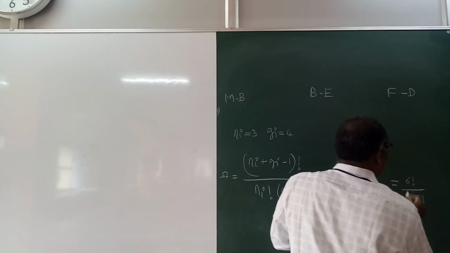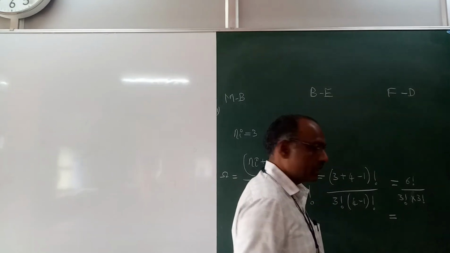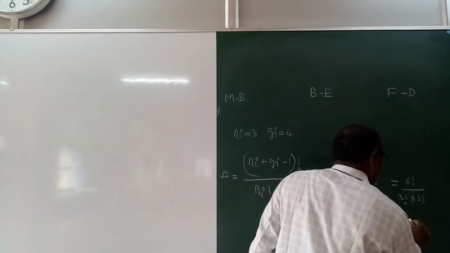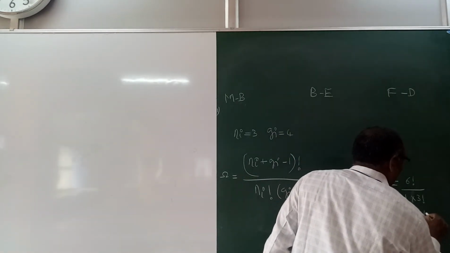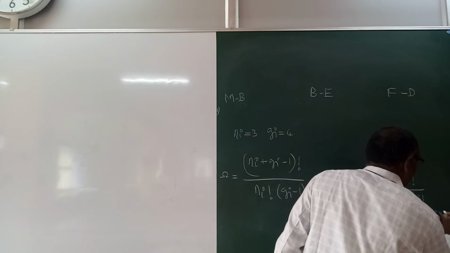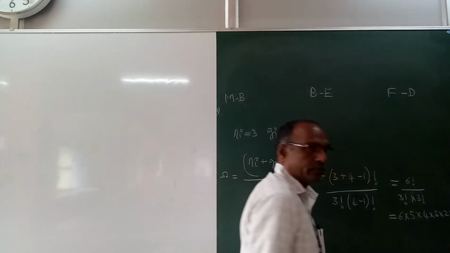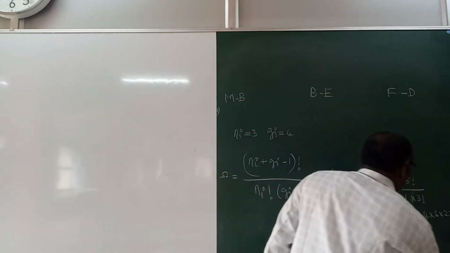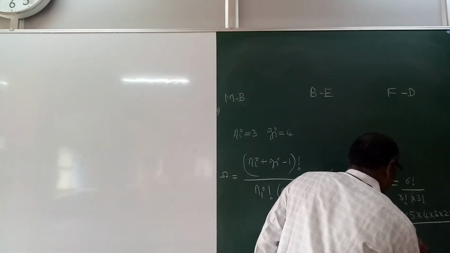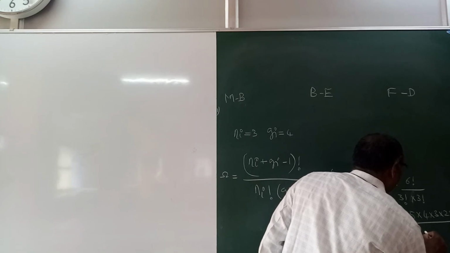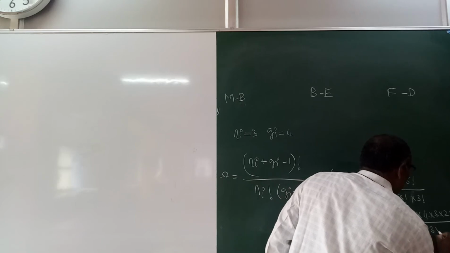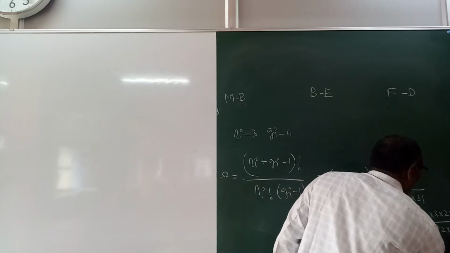Now I will expand this. Factorial means we have to write 6 into 5 into 4 into 3 into 2 into 1. Now this is 3 factorial, 3 into 2 into 1, into 3 into 2 into 1.